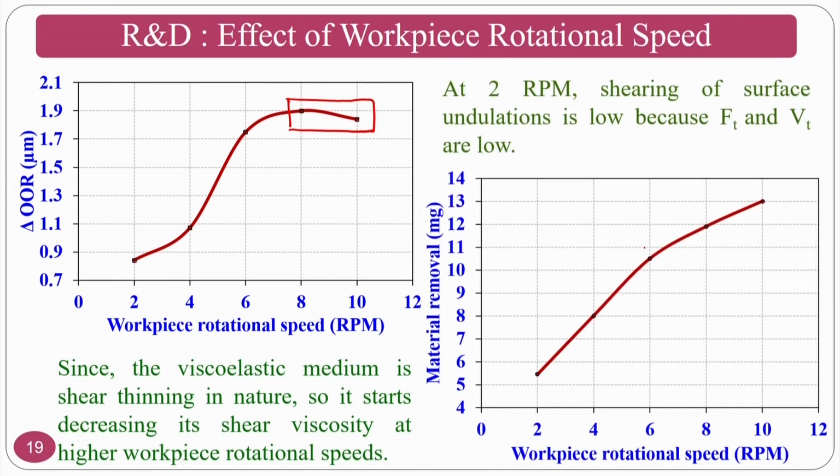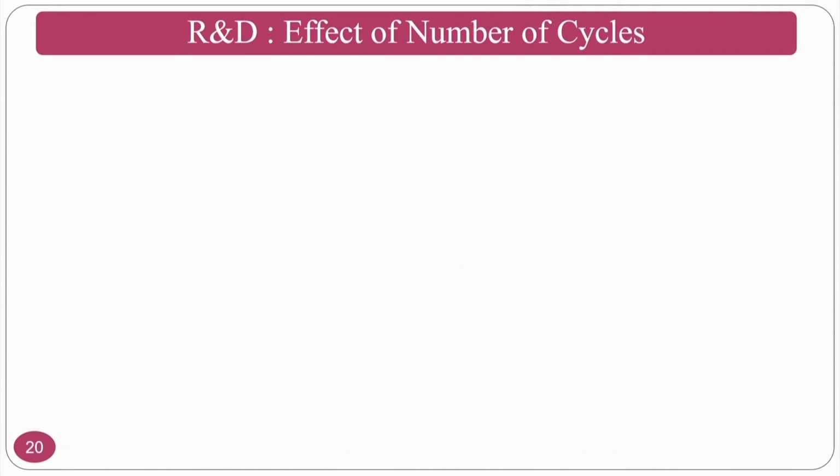The same thing can be attributed here in section 1 and section 2. The improvement rate in section 1 is going very fast, but in section 2, the viscosity of the medium goes down slightly because of the heat generated by the rotational speed of the workpiece.